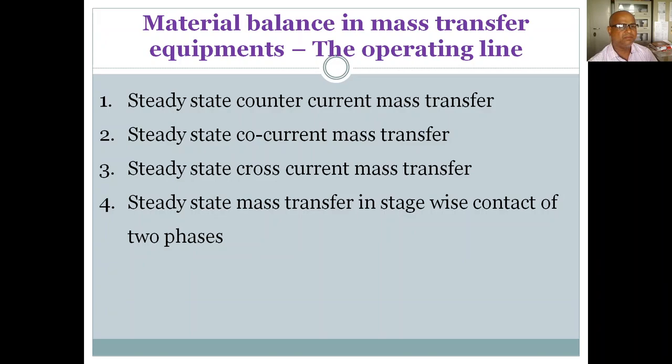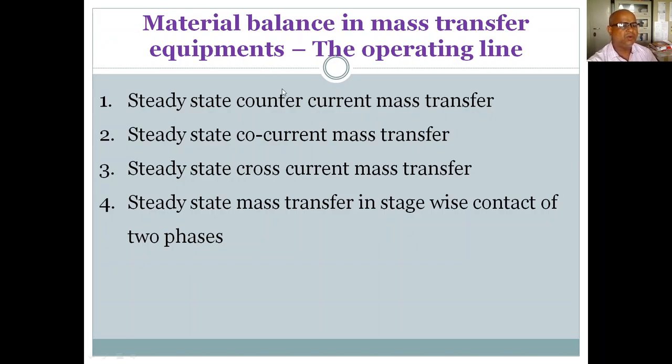It will run 330 days in continuous mode, then the remaining 35 days for maintenance shutdown, then again the plant will start and run for 365 days. Mass transfer equipment generally operates under steady state conditions. That's why we will focus on designing the equipment at steady state.